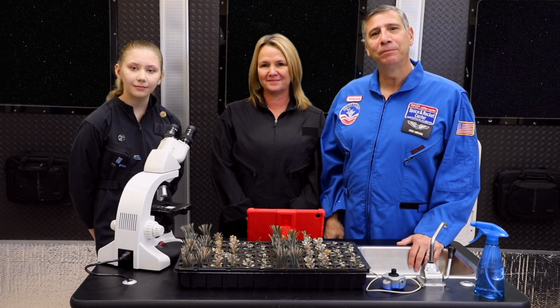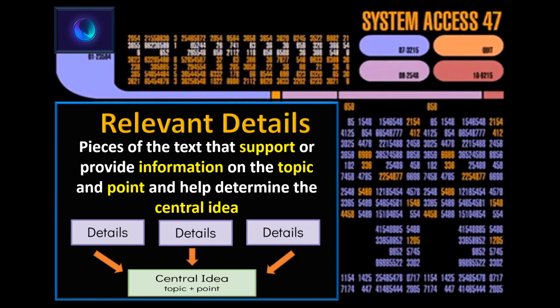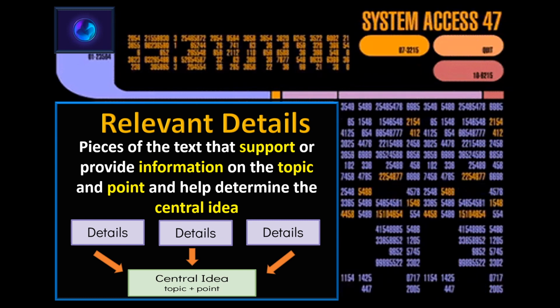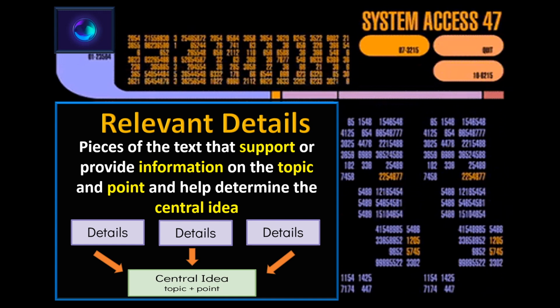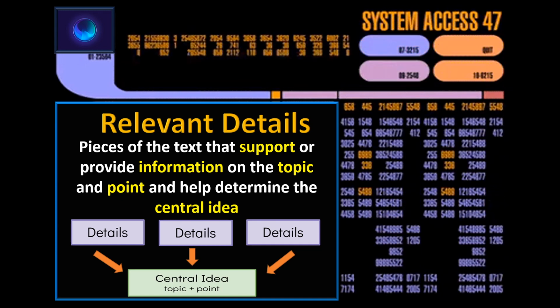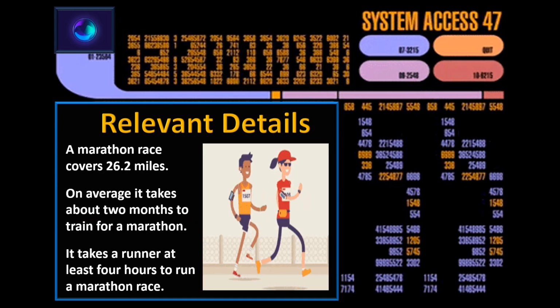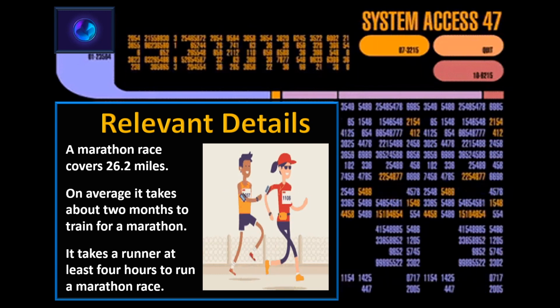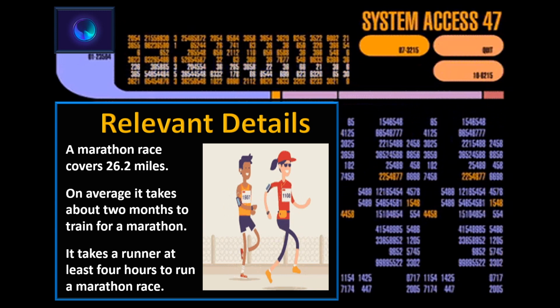Right, Aurora? Yes, Dr. Carafano. Relevant details are pieces of the text that support or provide information on the topic, point, and help determine the central idea. For example, if reading a text, a student identifies the following details. A marathon race covers 26.2 miles.